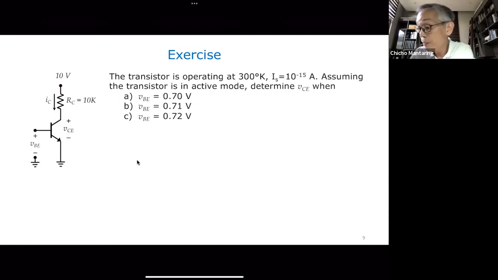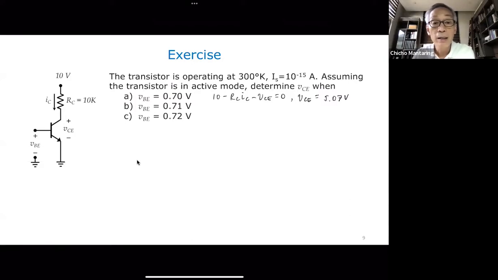So that's 10 minus the drop across the resistor, which is RC times IC, minus VCE will be equal to 0. And I'm going to get VCE, consistent with the answers of most of you in the chat box, about 5.07 volts.